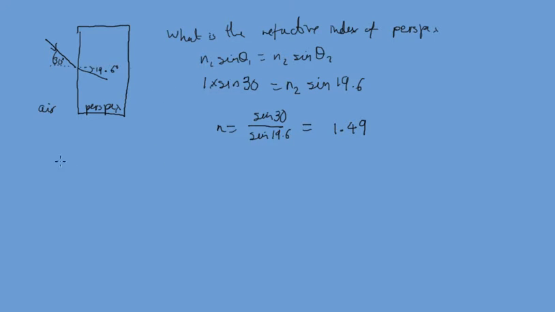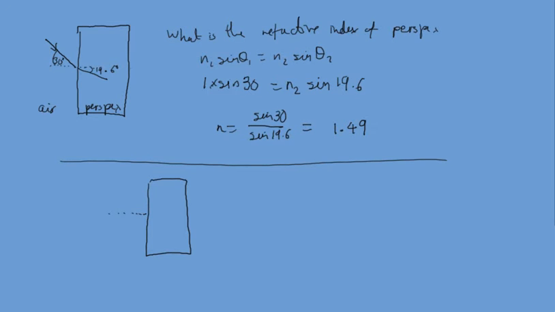Now, what happens if our wave, here's our normal, comes in parallel to the normal? So our wave hits the medium at the perpendicular.